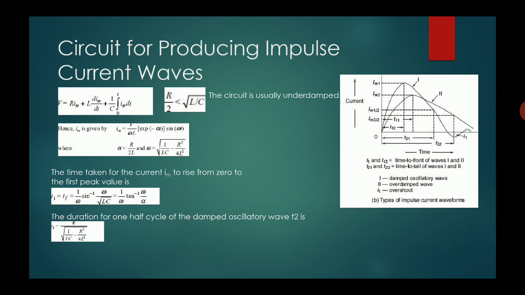This is how the equation is formed for impulse current generators. The alpha and omega values are given. Now for the impulse, the time taken for Im to rise from 0 to the peak value, that is the rise time, is given by this expression. Remember these expressions. The duration of half cycle of the damped oscillatory wave is T2, and the expression of T2 is to be remembered.